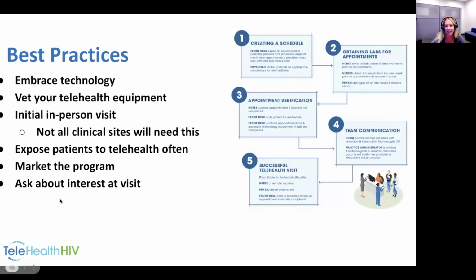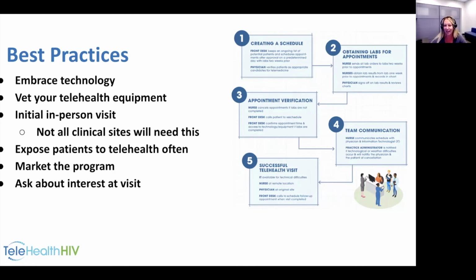And so these are just some of our best practices. Embracing technology, not looking at it as a barrier, making sure to vet your telehealth equipment. Maybe you have to have an initial in-person visit, but in our model, with our prisoners, we've never actually seen them on site. We never required that first visit. But as we look at that hybrid approach, that's something we will definitely need to consider.